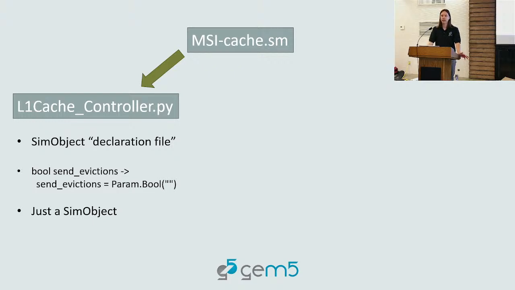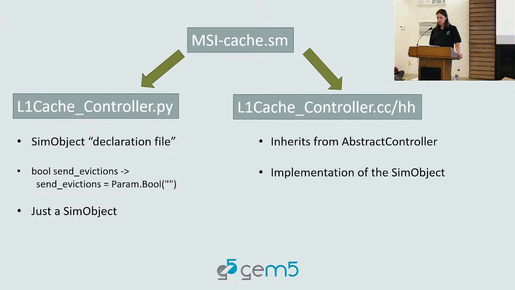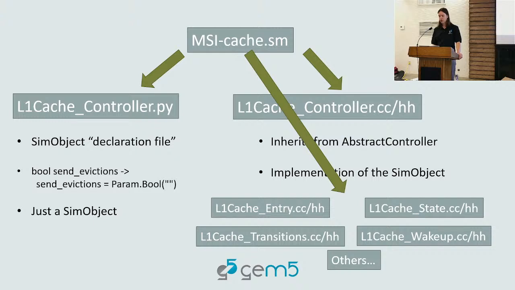It generates parameters automatically that you can set in your config files, and it makes the cache controller, it's just a SimObject. It also generates L1 cache controller.cc and .hh. These inherit from abstract controller, which is in the Ruby implementation, and it also just implements SimObject exactly like what we saw yesterday. Not surprising at all.